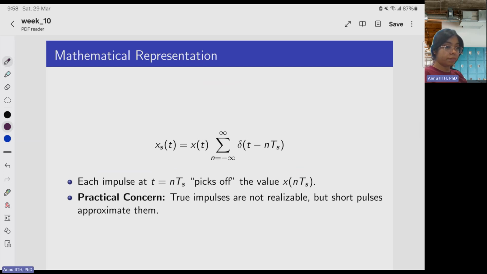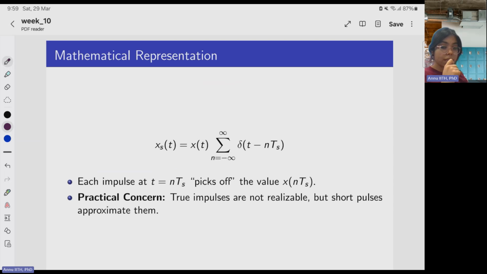There are practical concerns. Suppose the impulse at t is equal to nTs picks off the value x of nTs, where x_s(t) is equal to x(t) summation over n of delta of t minus nTs.